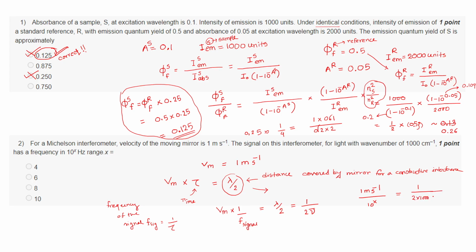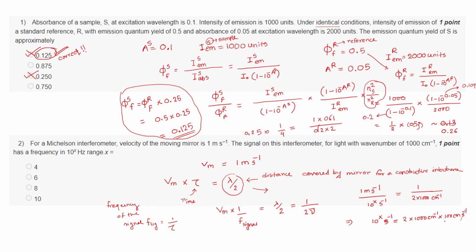That is very important, centimeter inverse. And this 1 meter per second is 100 centimeter. So 10 to the power x is going to be 2 into 1000 centimeter inverse multiplied by 100 centimeter, in second inverse. And it is in Hertz, right? Hertz means second inverse.